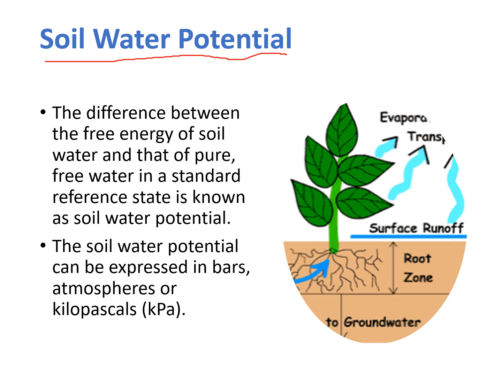The difference between the free energy of soil water and that of pure free water in the standard reference state is known as soil water potential. Because we know when the water is free, there is no force on it. So that is basically the standard reference state. But when that water is in the soil, there are forces acting on that water, so the remaining energy is less than that of standard water.